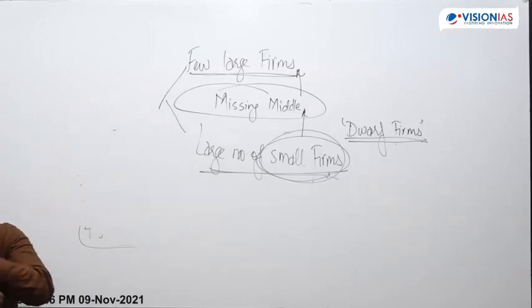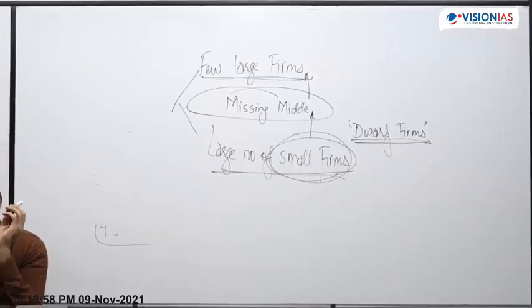So basically this was the structure during independence. Still this is a problem in India today. The reasons, you can write down the reasons for existence of dwarf firms or reasons for missing middle.